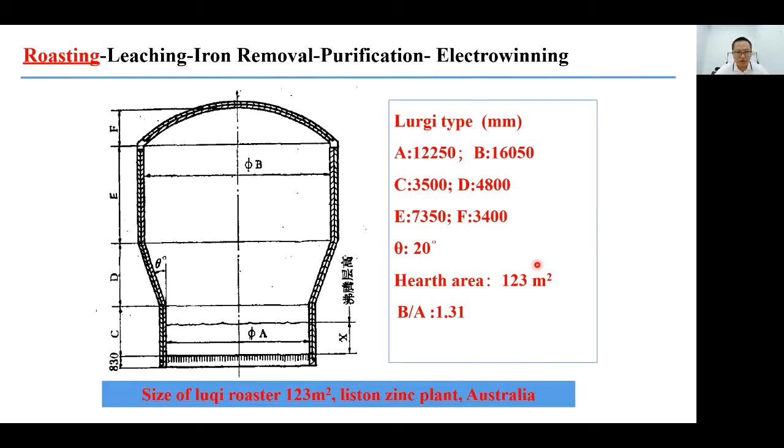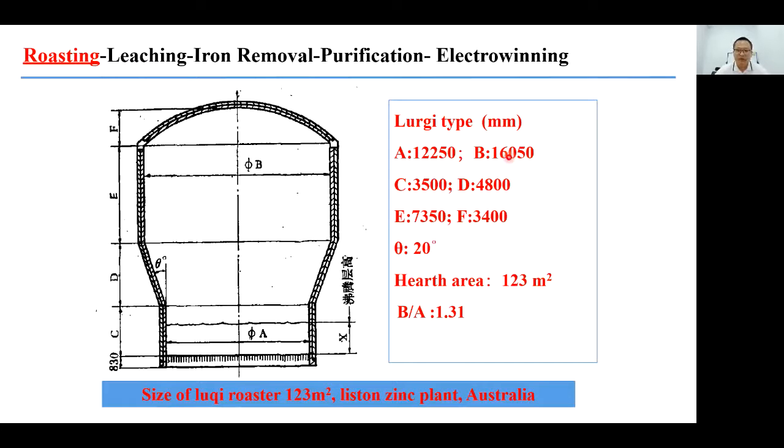A 123 square meter roaster can produce the zinc calcine for around 100,000 tons of refined zinc production in one line, in one plant. And a 158 square meter Lurgi roaster can supply the calcine for 150,000 tons of refined zinc production.